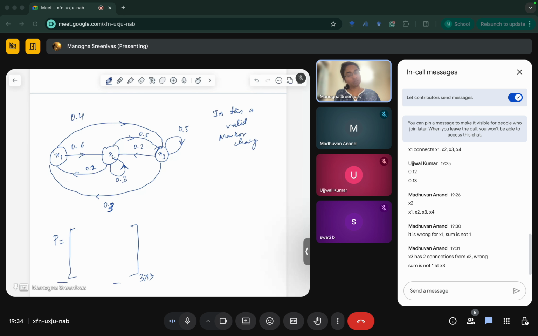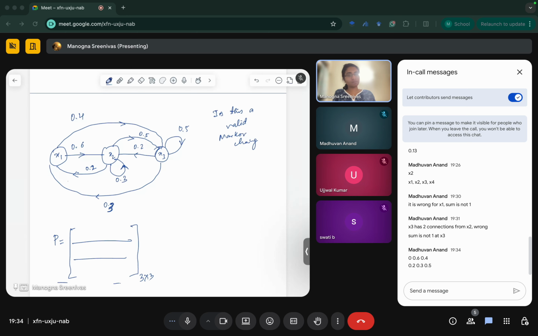Tell me the first row. 0.6 and 0.4. Second one would be x2 going to x1 is 0.2, then 0.3, and the third one going to.